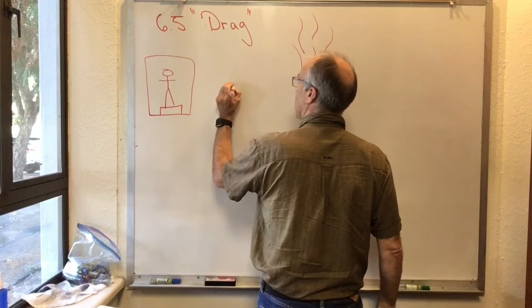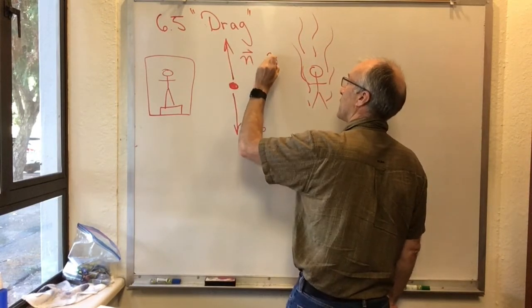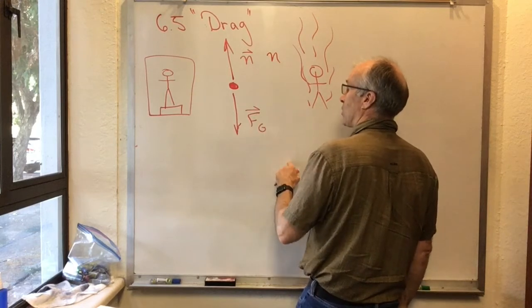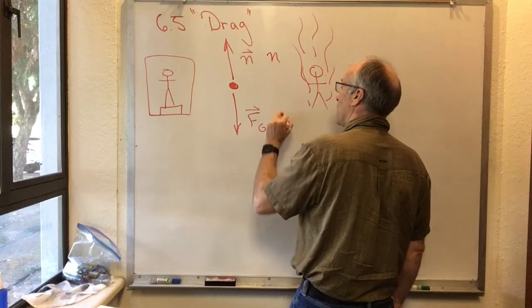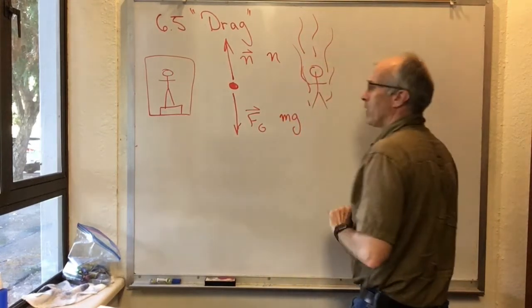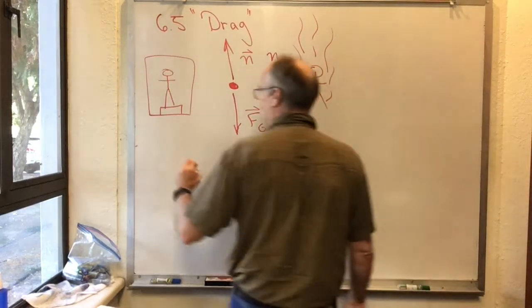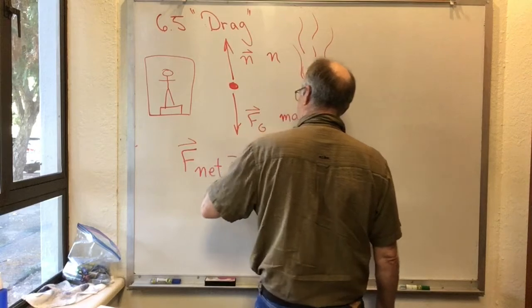Let's look at the free body diagram for the person. We could say the length of that vector N is n, and now we know from section 6.3 that the length of that vector F sub g is m little g. So if you were to write down the equations, it's always F net is equal to ma.